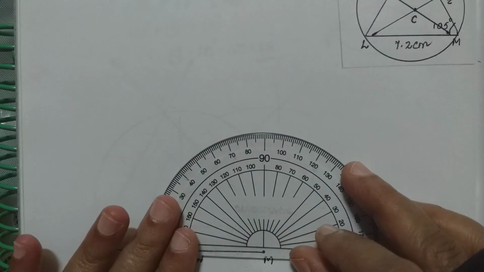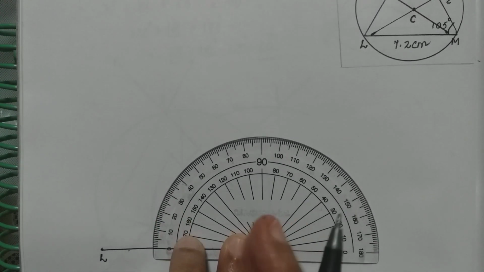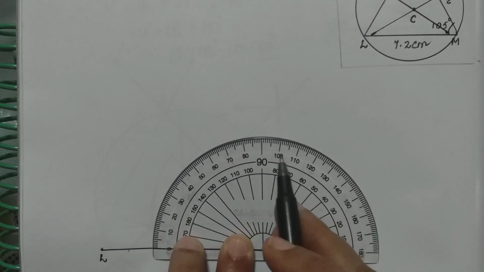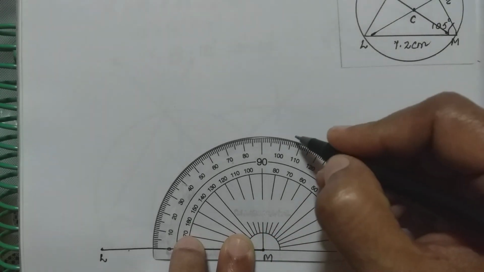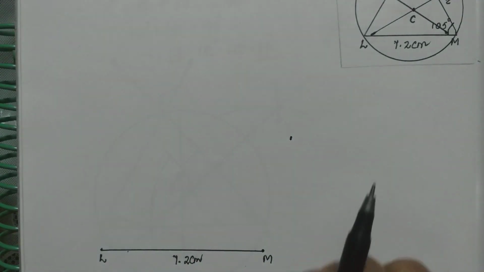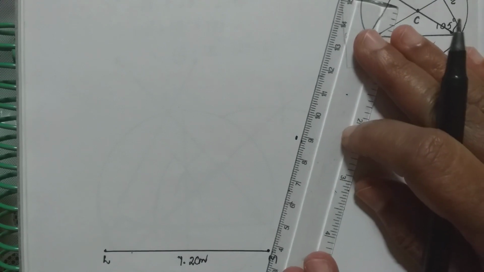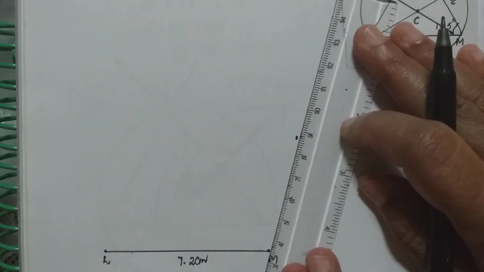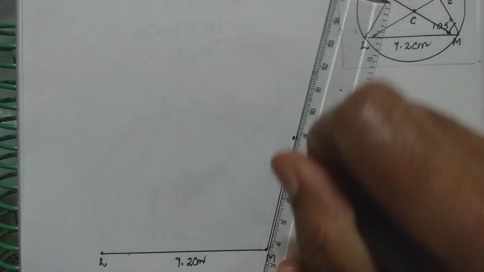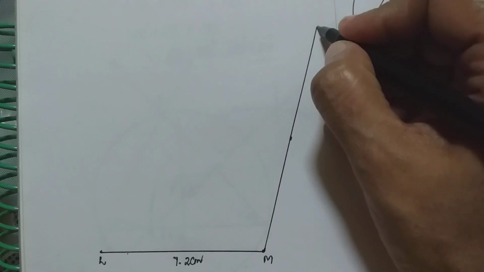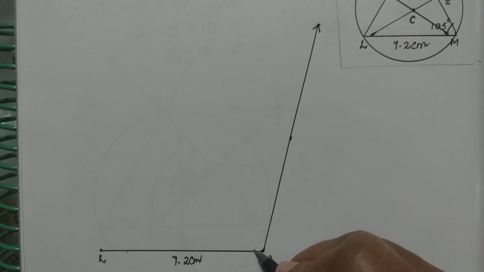So I keep the protractor here at M and take a measurement. Now it is an obtuse angle. So we have to consider 100. 105 will be between 100 and 110. That is this marking. So I have to now draw a ray passing through M and this point. Okay, so a ray is drawn. Now this is 105 degree.